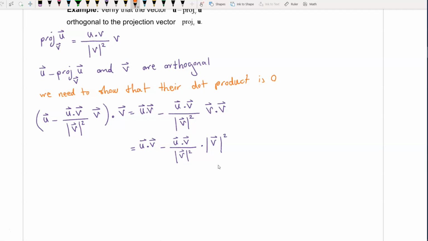So this part we can cancel. And this is equal to u dot v minus u dot v, which is equal to 0. So the dot product is equal to 0, and that means u minus the projection of u onto v, and v are orthogonal.